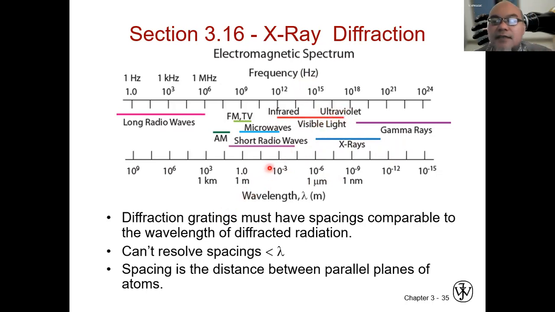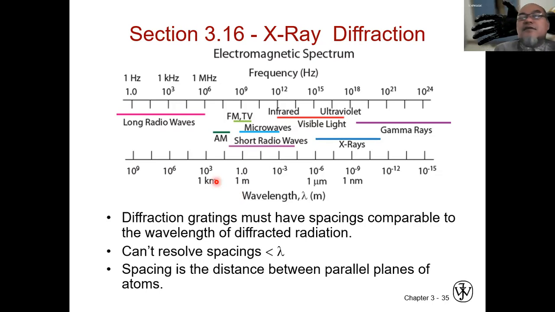And using X-ray, we use a diffraction grating. A diffraction grating must have spacing comparable to the wavelength of the diffracted radiation. It cannot resolve spacing less than the lambda. Since the spacing between atoms in a crystalline structure is in the angstrom, nanometer region, we have to use X-ray.